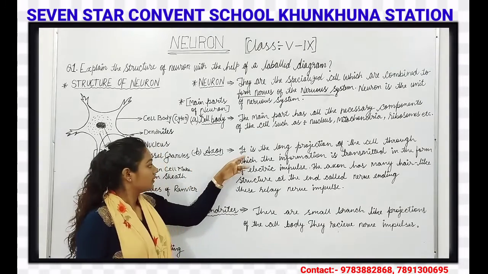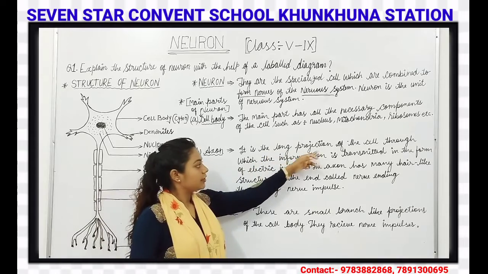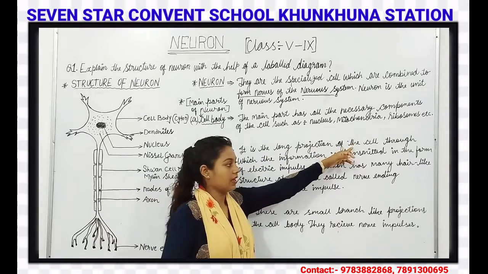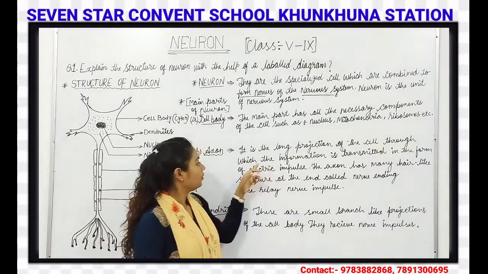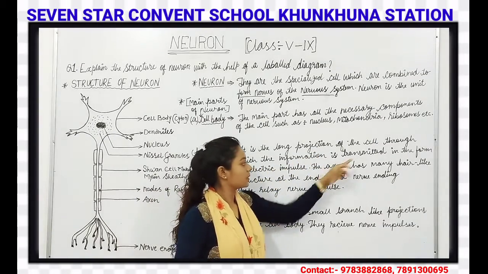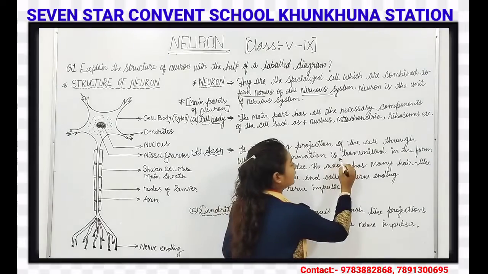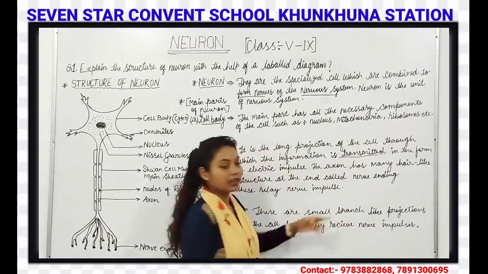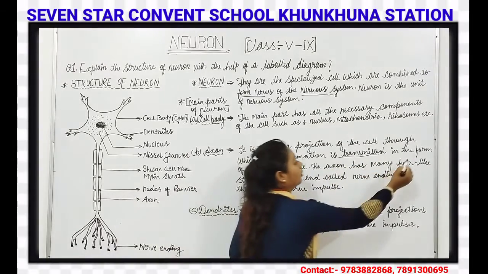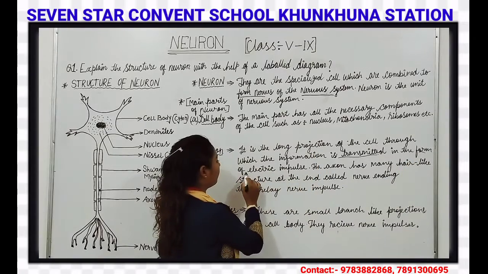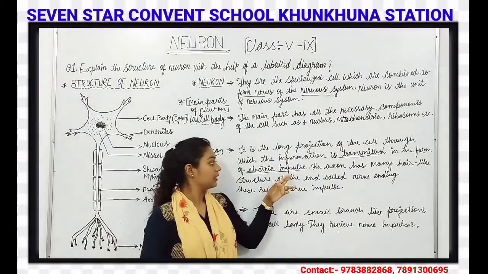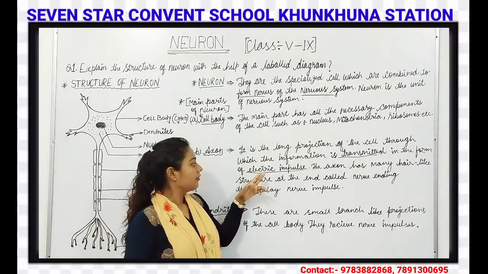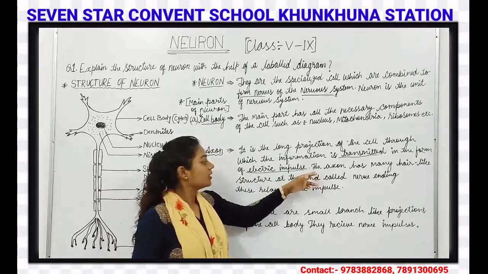Number B, the main part of the neuron, is the axon. The axon is the long projection of the cell through which information is transmitted in the form of electric impulses.